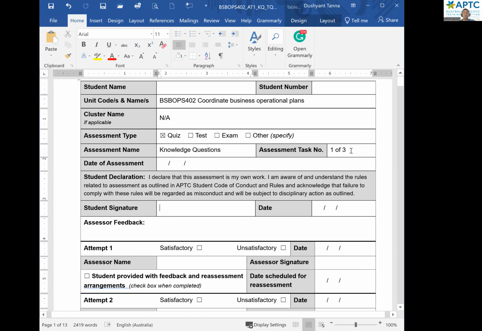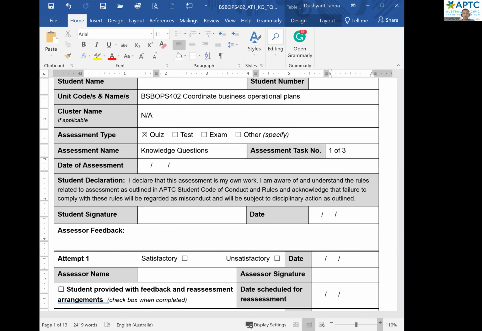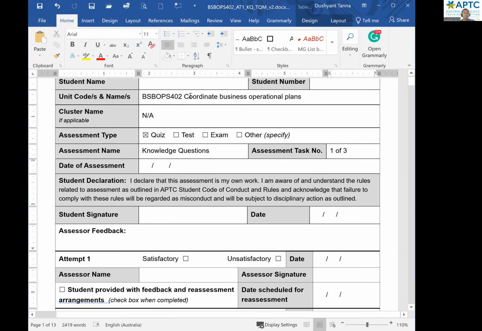We will talk about assessment task 1 out of 3, as you can see it here, for the unit called Coordinate Business Operation Plans, BSBOPS402.